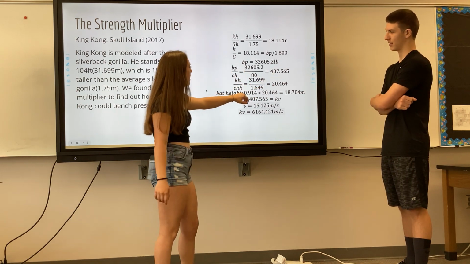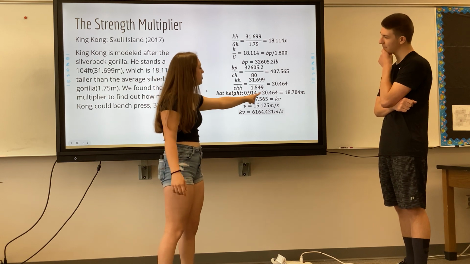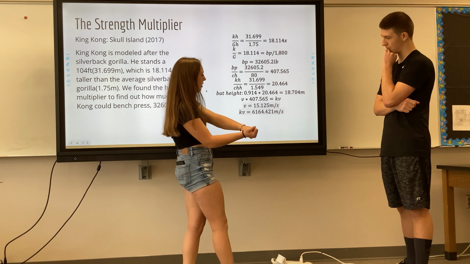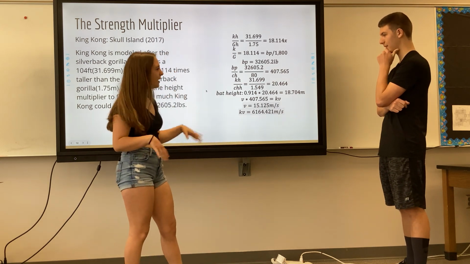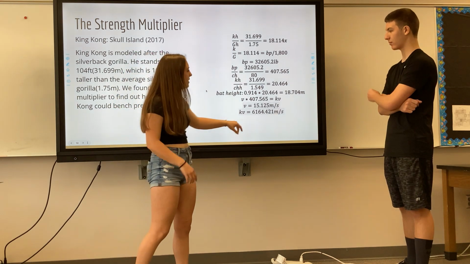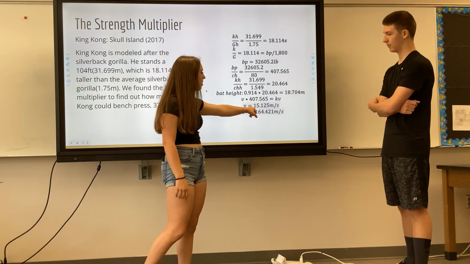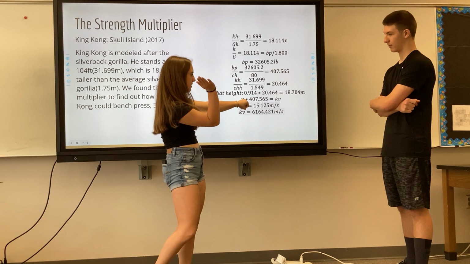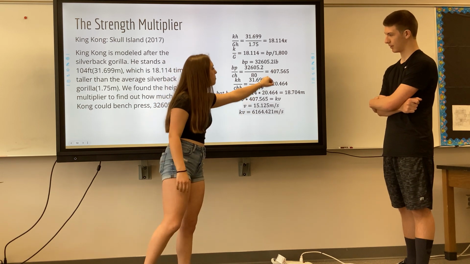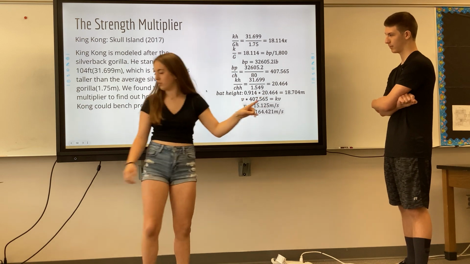And then I did a height multiplier too, so I hit it about 3 feet tall, so that's how high he hits the ball. If he had hit it at the same angle I did, I hit it at about a 40.877 degree angle. So then I found the velocity, this was my velocity this way, and I times by the strength multiplier up here to find out King Kong's velocity.